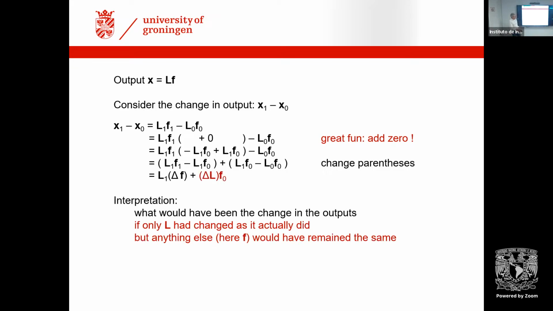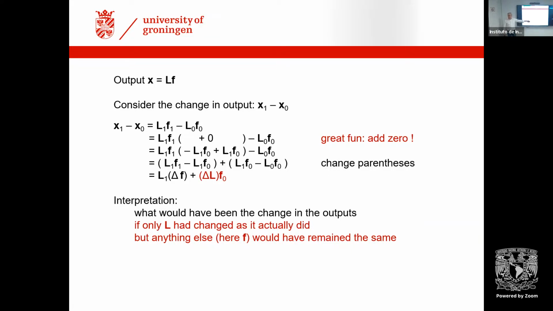The interpretation of the red part is what would have been the change in the outputs if only the Leontief inverse had changed as it actually did, and everything else, that is the final demand, would have remained the same. Sometimes if you express it in this way, people say that's a bit strange.